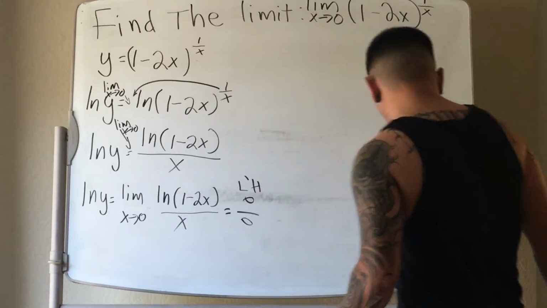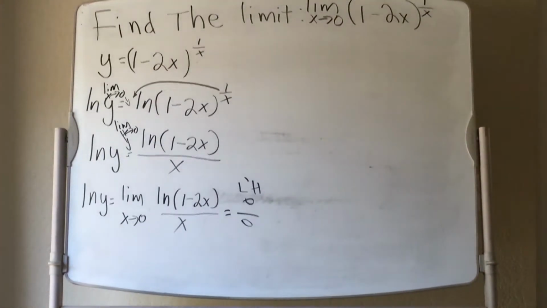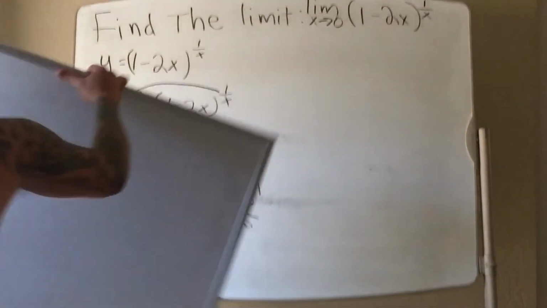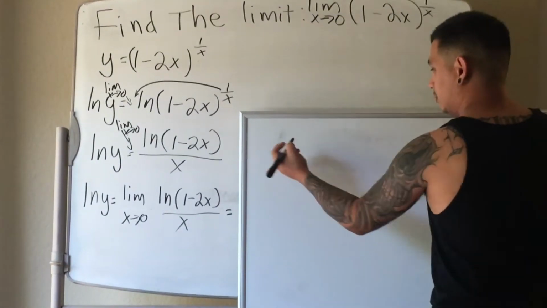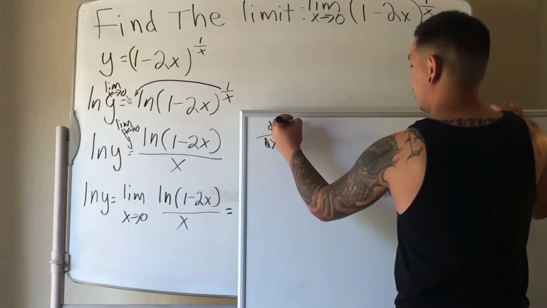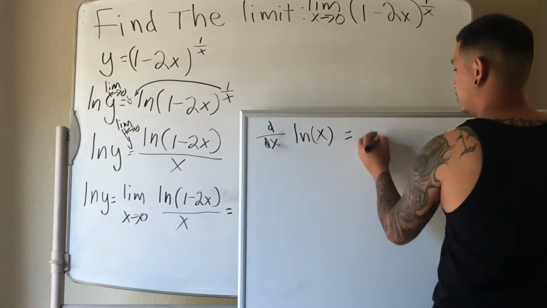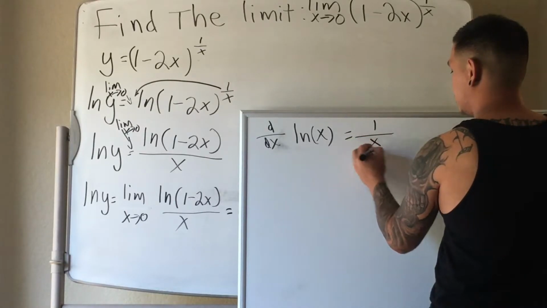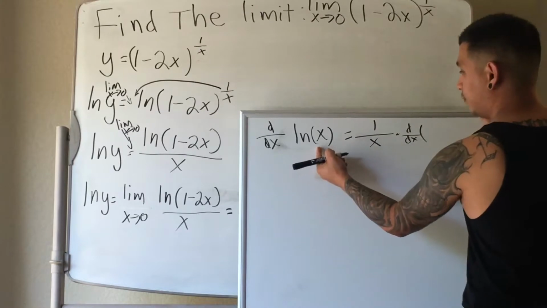Well, let's bring out our handy dandy whiteboard. We know that the derivative of ln x is equal to 1 over x multiplied by the derivative of what's inside.